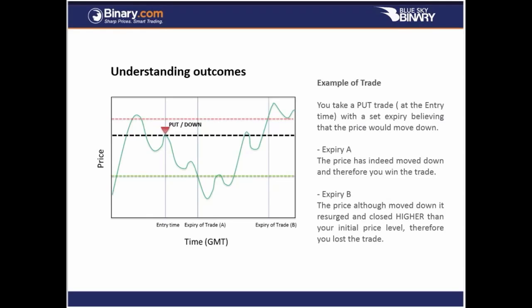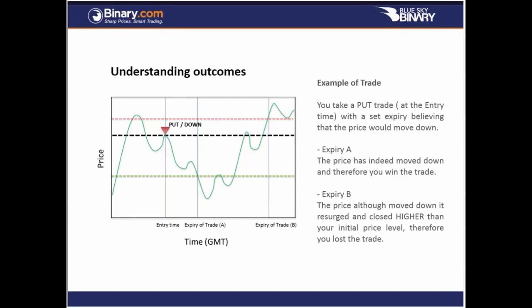So we have two possible outcomes here. We have expiry A, so we have the green line. The green line is the expiry price at the time expiry of trade A. So you see, we begin from the red arrow, and the price is going down.